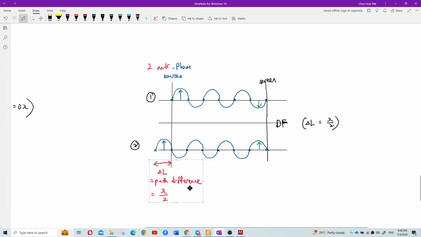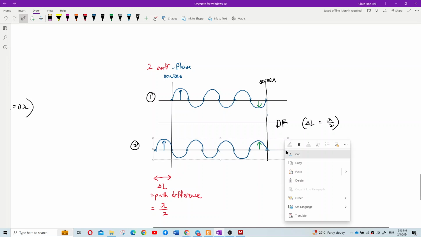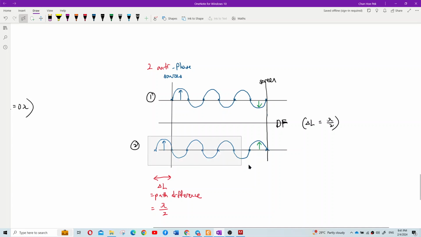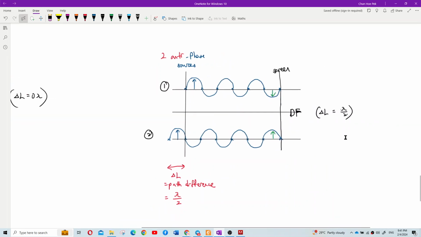So troublesome, class. Why I cannot flip this thing? Itulah silap teknikal tu. So what happened? Yeah, never mind lah. I think you can guess right, class.